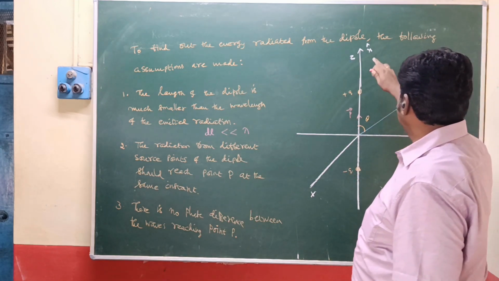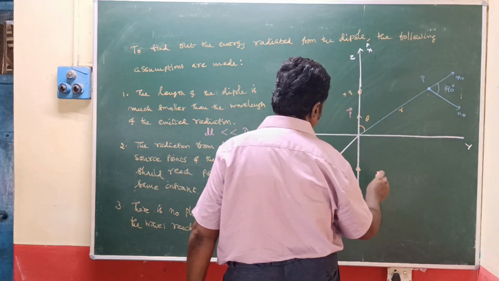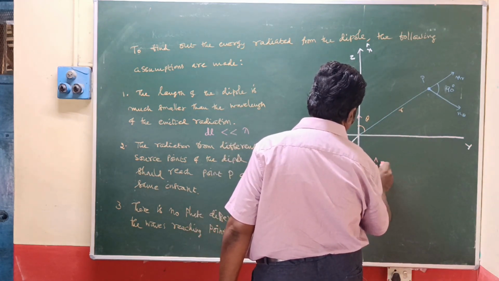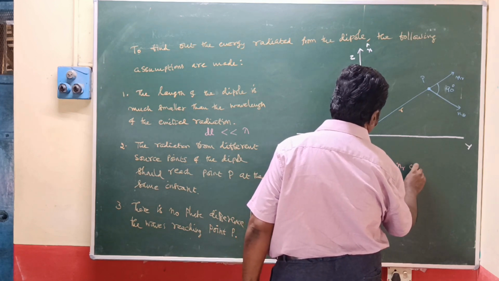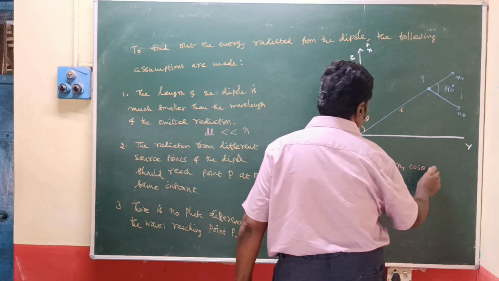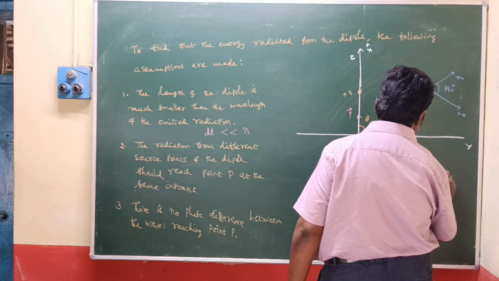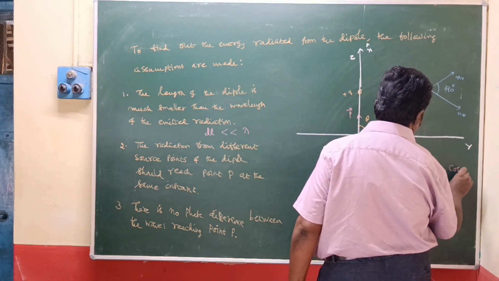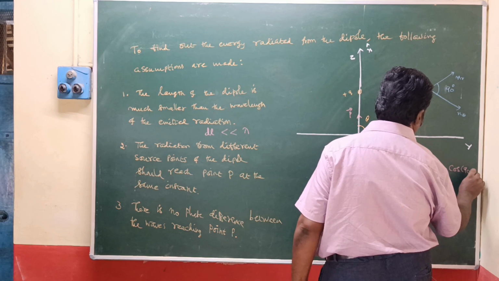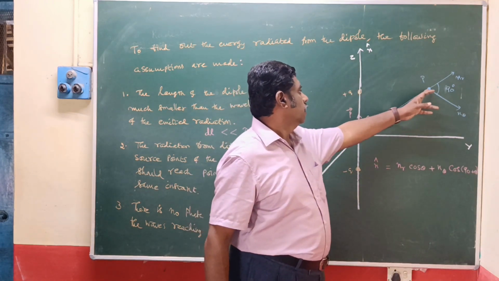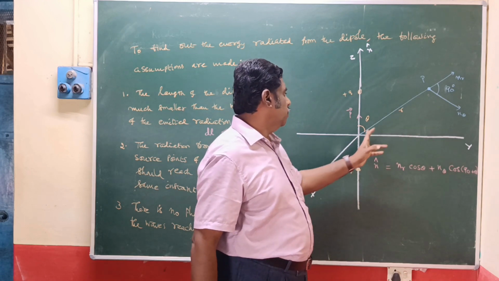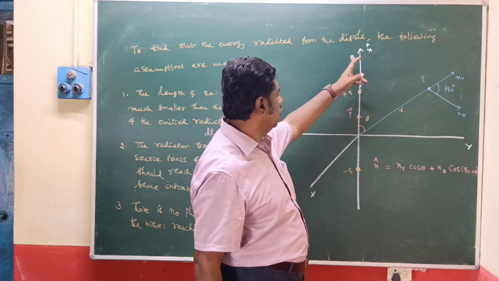If you consider the unit vector n cap, it is equal to n_r cos theta plus n_theta cos(90 + theta). See here, the point P is at a distance r from the origin, which makes an angle theta with the normal.